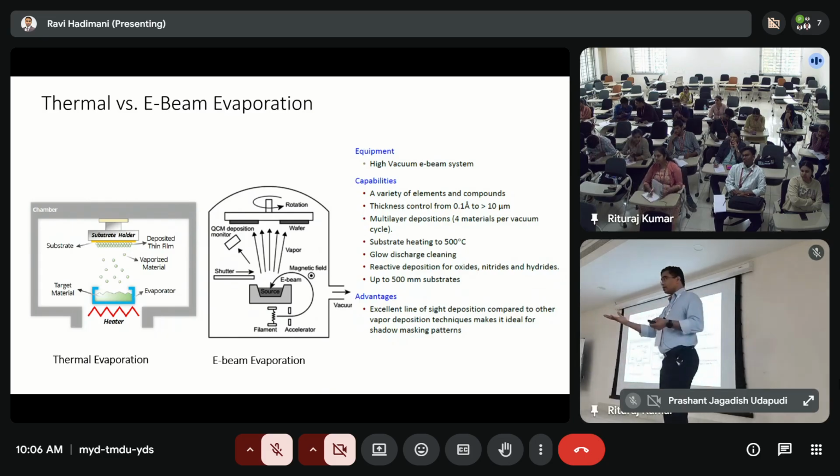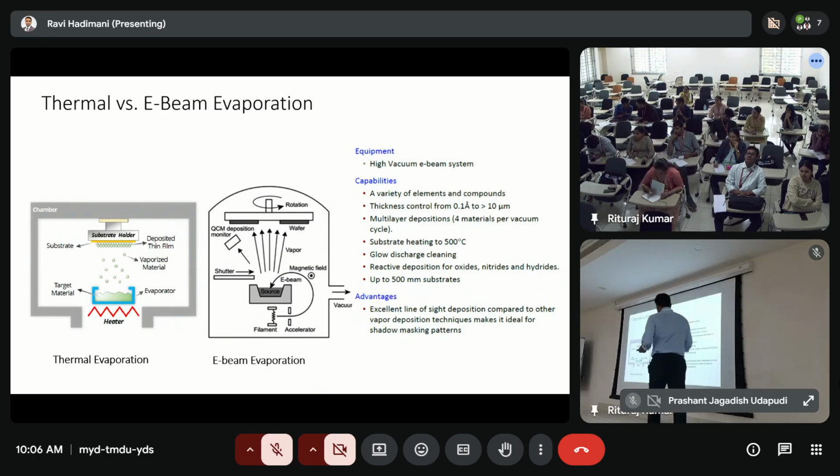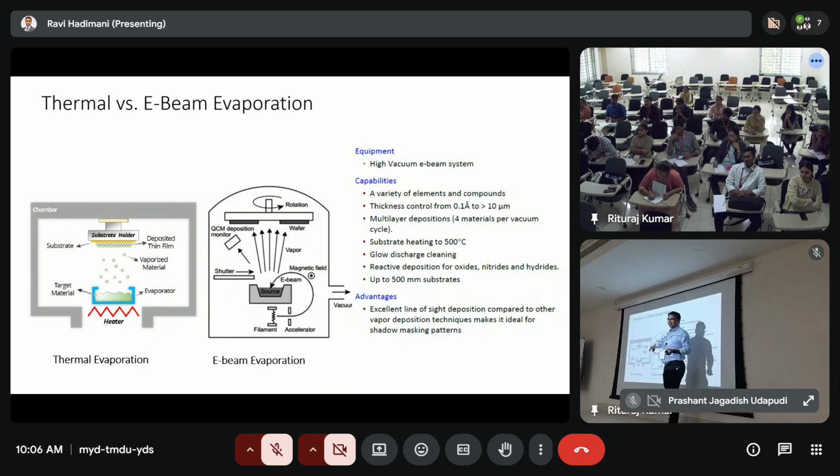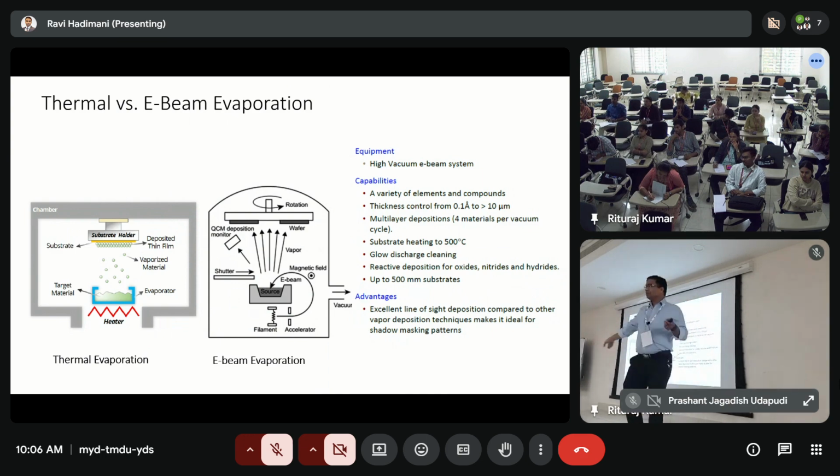You have heard of quartz, right? So quartz is what material? Piezoelectric material, right? So quartz crystal monitors the thickness. Can you think how? What is the property of quartz?